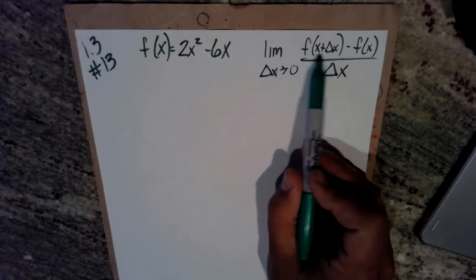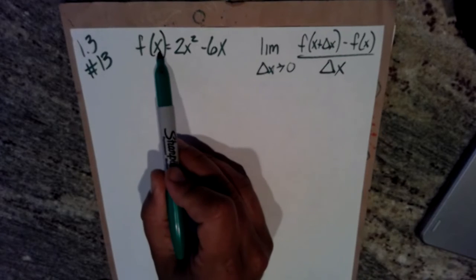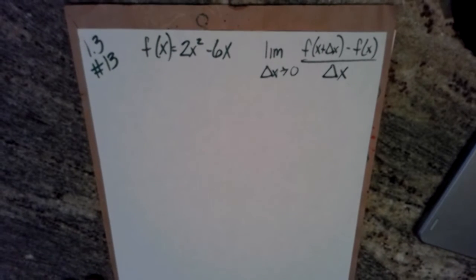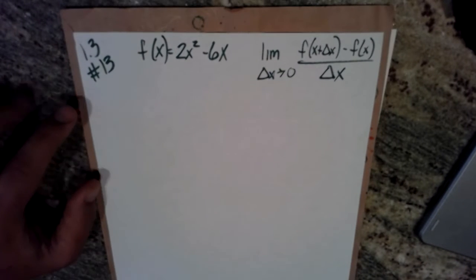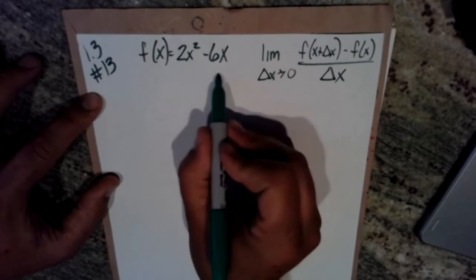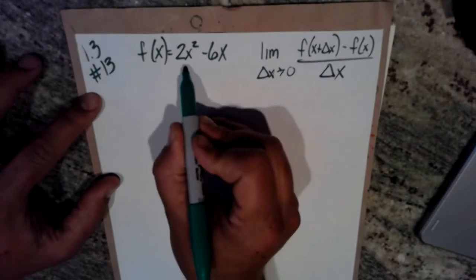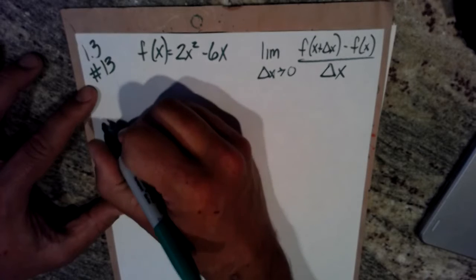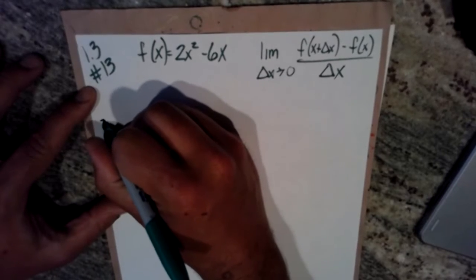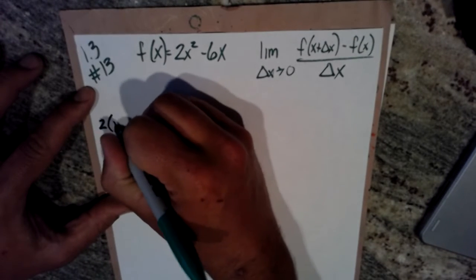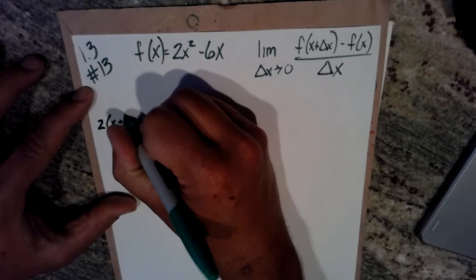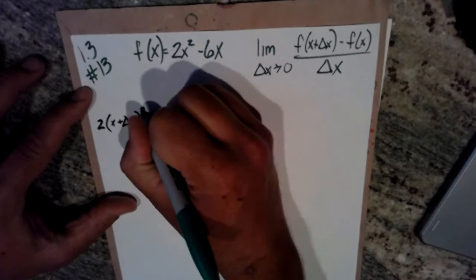You're plugging x plus delta x into the function for x. Okay? So you just got to take your time. So instead of 2x squared, we're going to start with 2 times x plus delta x squared. Okay?